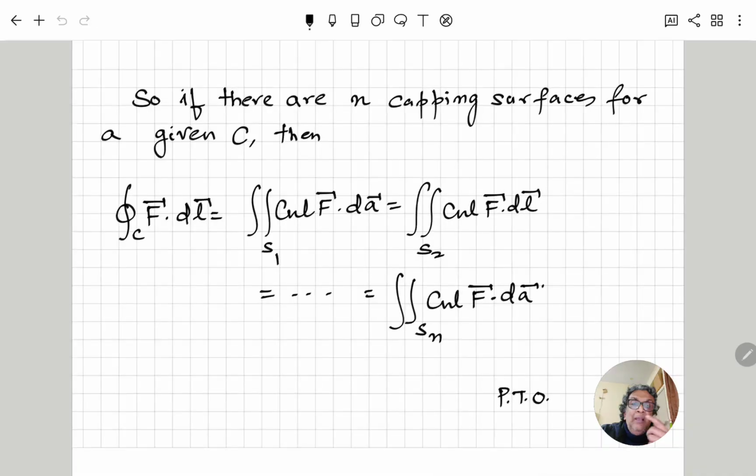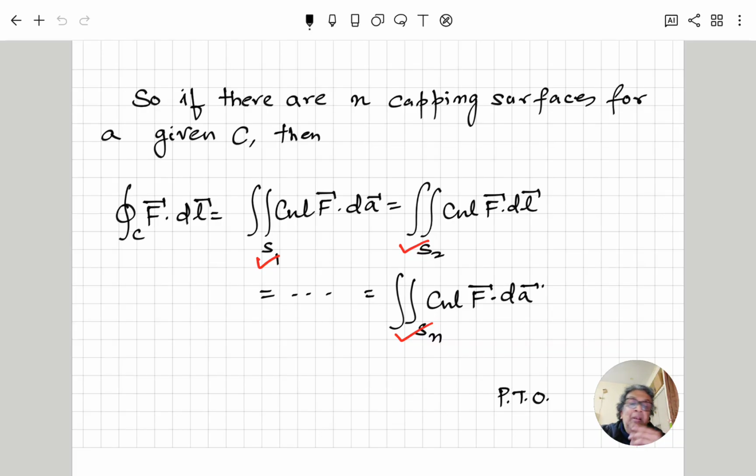Now, if we generalize this statement and say we have n such capping surfaces for a given closed path C, then the right hand side is equal to the curl of F dot dA over S1. It is also equal to the curl of F dot dA over S2, and likewise for Sn. Now this particular fact has immense physical importance.